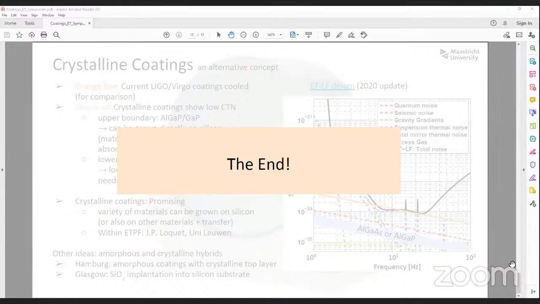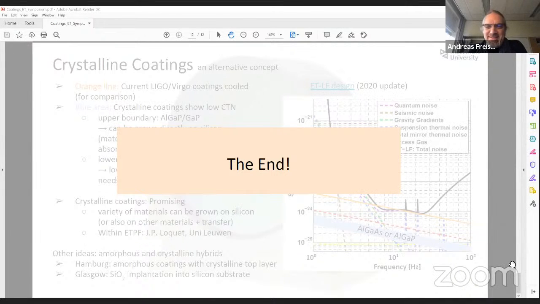I cannot raise my hand because I'm a co-host, but I could have a quick one. Go on. Yes. We were talking in the other sessions also about ET as an infrastructure that lasts a long time, where we want to improve, going down to facility limits. So we've seen from Stefan this nice curve where the facility limit is way below the current noise curve.